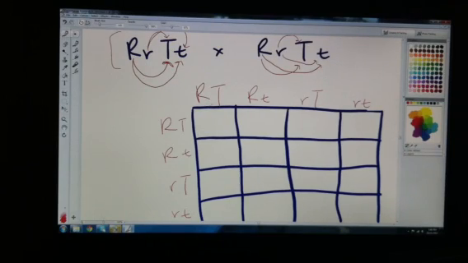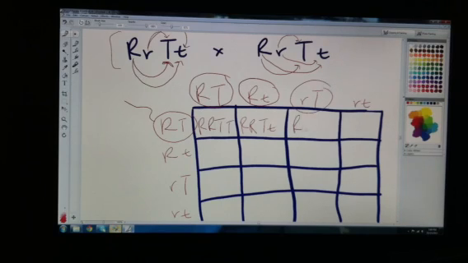Now when you go to fill in your Punnett square, remember this represents an egg, and this represents a sperm. So all you have to think about is what happens if this sperm gets into this egg? Well, it'd have two big R's and two big T's. What would happen if it got into this egg? Well, it'd have two big R's, a big T and a little t.